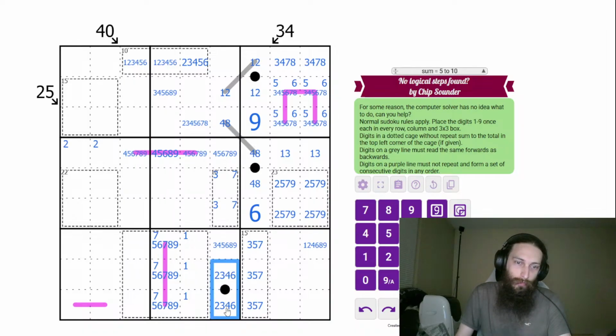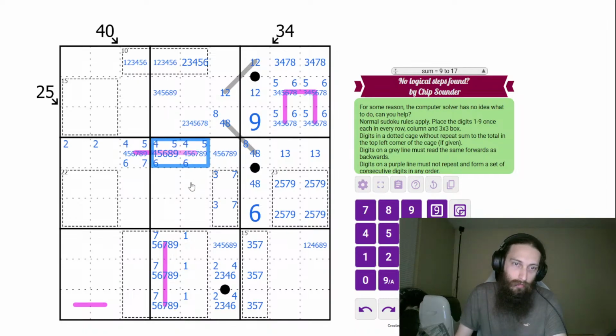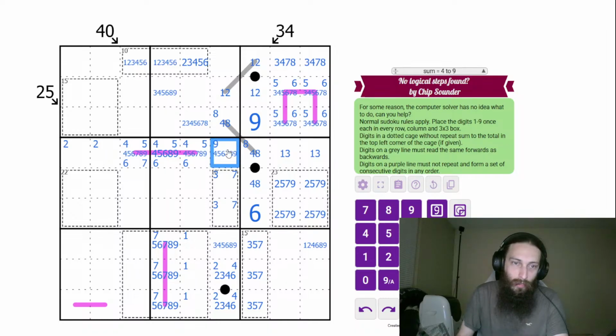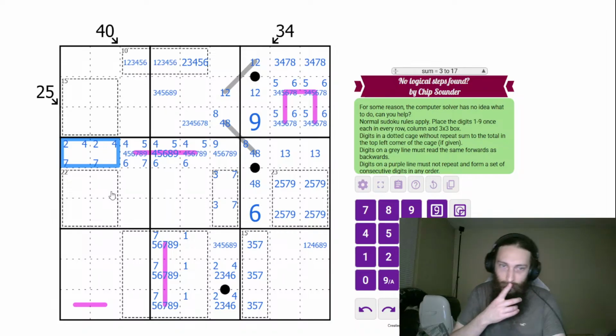This would be 2, 4, which would put 8s. So this would be 4, 5, 6, 7, where neither of those is 7. 7, 8, 4. 5 and 6 would get removed, so that would have to be a 9. So this would be 4 or 7 to go along with the 2.